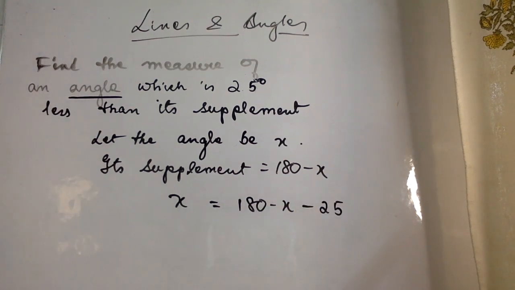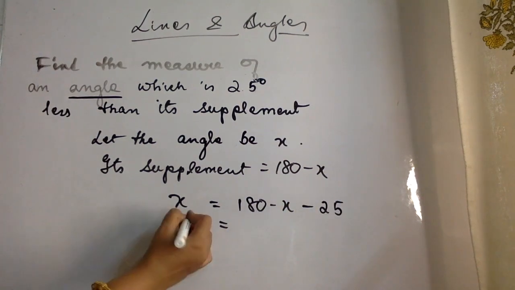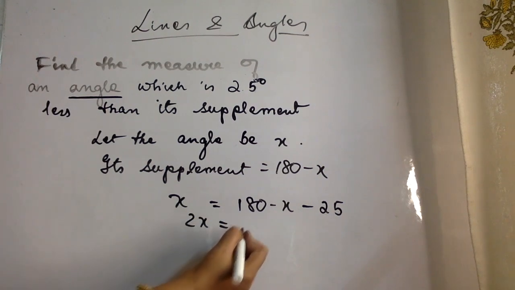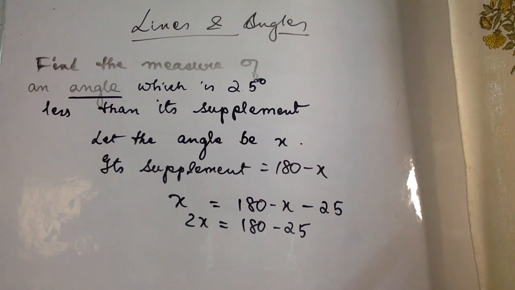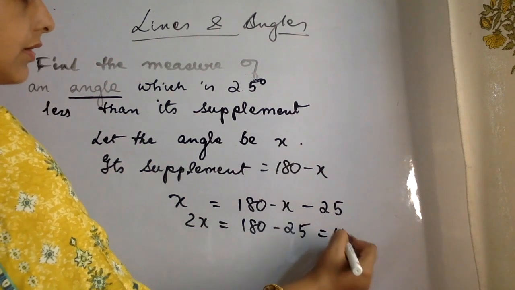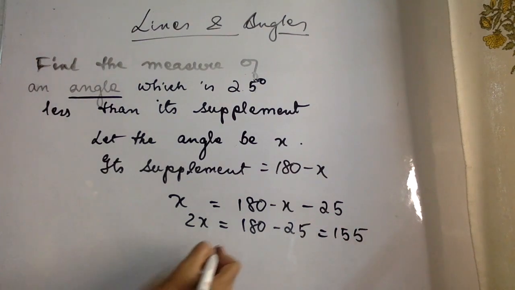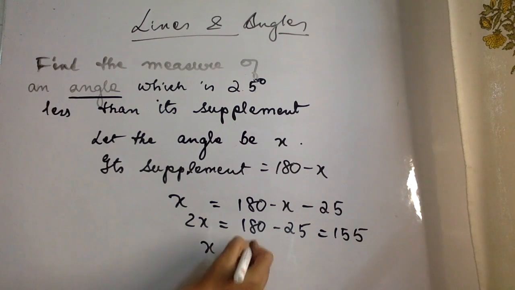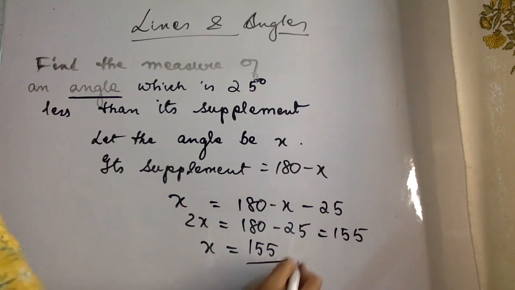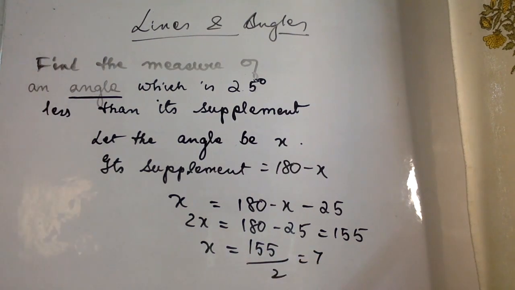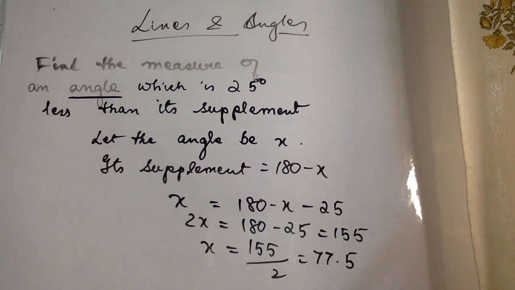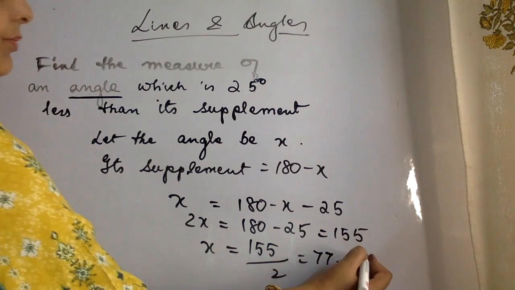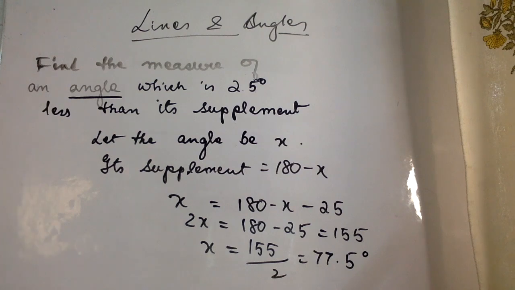So 2x is how much? 2x is 180 minus 24, which is 156. So now x is 156 by 2, which is 78. Okay, so the angle is 78 degrees. Don't forget to put the degrees.